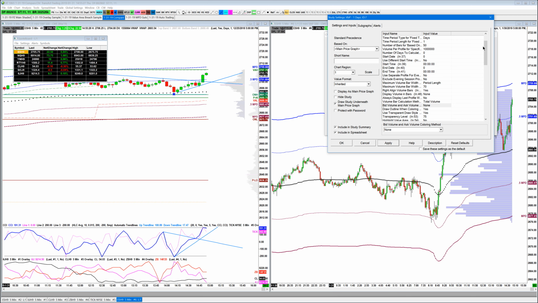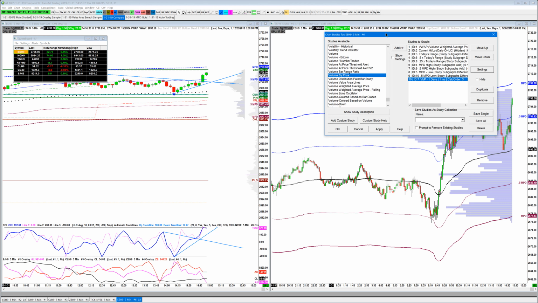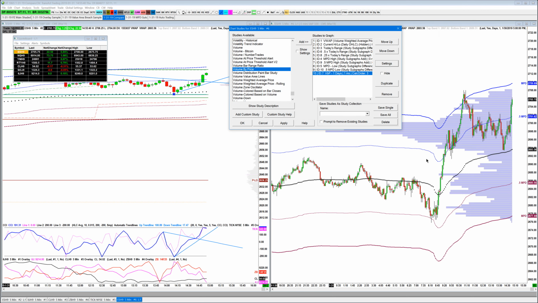Okay. A couple other things that are more visual or aesthetic in nature is how wide do you want the bars to be? Does it bother you that the bars are taking up this much of the screen and getting all into the middle of the chart? It bothers me. Okay, I can't stand it.